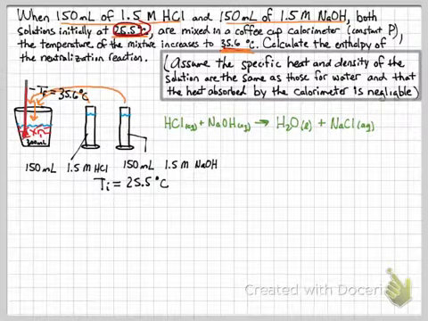This is your system. This reaction is the system. The surroundings are the water and the calorimeter, the thermometer, but we're assuming that heat absorbed by the calorimeter and the thermometer is negligible, and so we're going to just use heat exchange to the water as measured by the temperature change of the water to estimate the heat given off by the reaction.